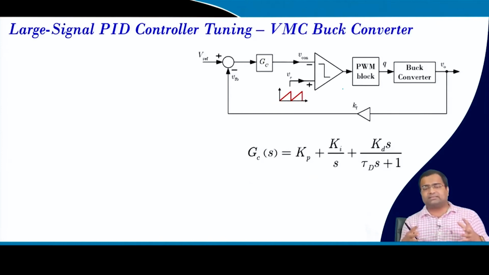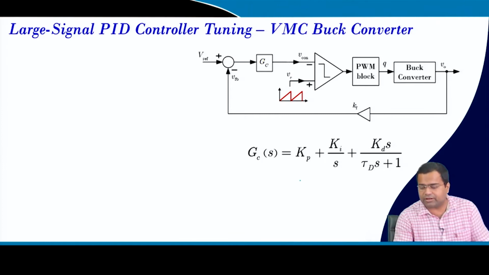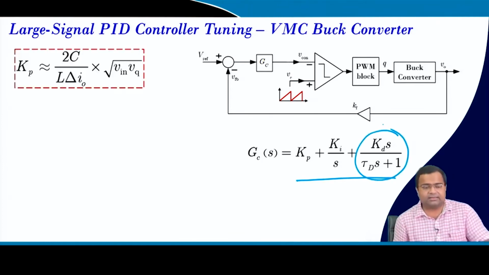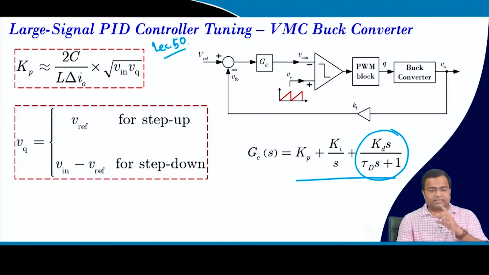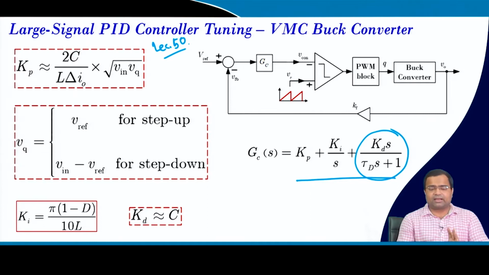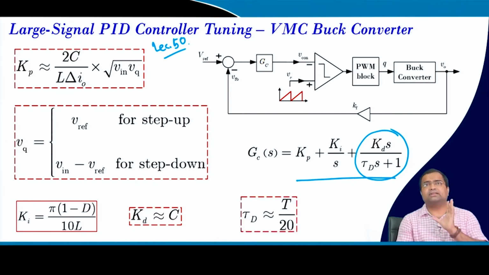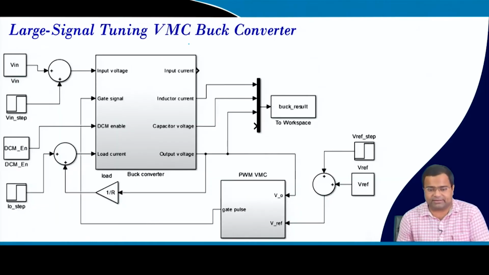And we can apply the large signal tuning for voltage mode control, where we have considered a PID controller with a band limited derivative, right, and we already discussed in lecture number 50 all these parameters, the Q and Ki and derivative gain, as well as the time constant of the band limited derivative.